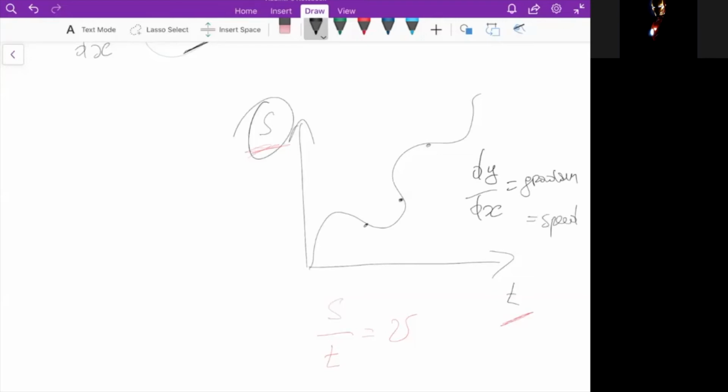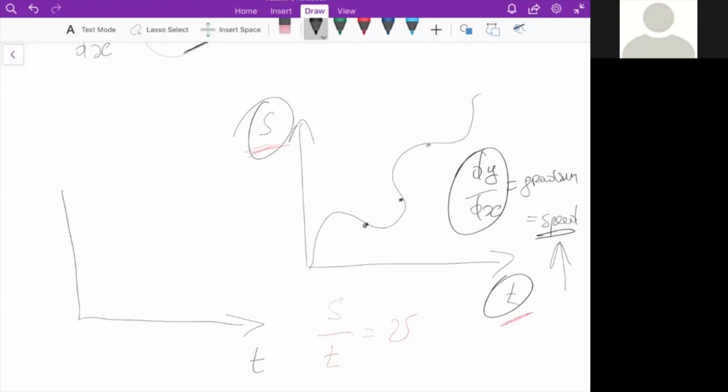We have distance by time, so if you took a first derivative, you got speed. Now, if you're taking a second derivative from that, you are taking the gradient of that speed. So think about it: this is time, this is speed, and let's say we have a line like that.